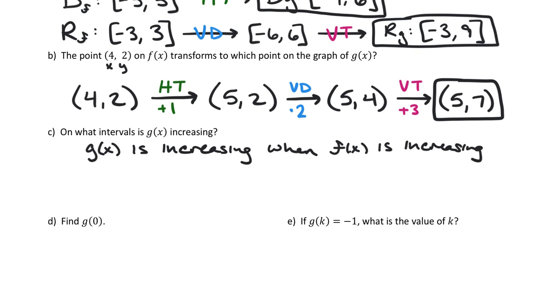So we need to know in our function where f of x is increasing so that we can transform that to the g of x function. So let's first talk about where f is increasing.